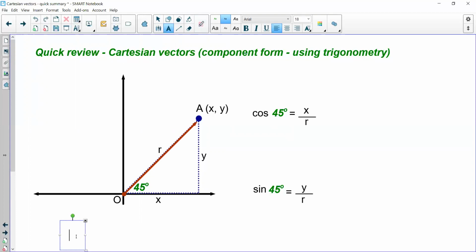If I'm looking at OA as a vector, I'm trying to figure out what I'm going to use as the different components. I don't have coordinates for x and y.